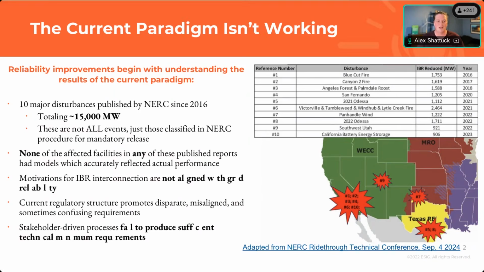The other main thing to note about these major reports is that these are all normally cleared, normal contingency events, things that are in the planning contingency decks. Contingency decks are just the events that you would run as a planner. So that means there's 15,000 megawatts, plus all the considerations for wind, of inverter-based resources tripping offline when all of the studies say they shouldn't.